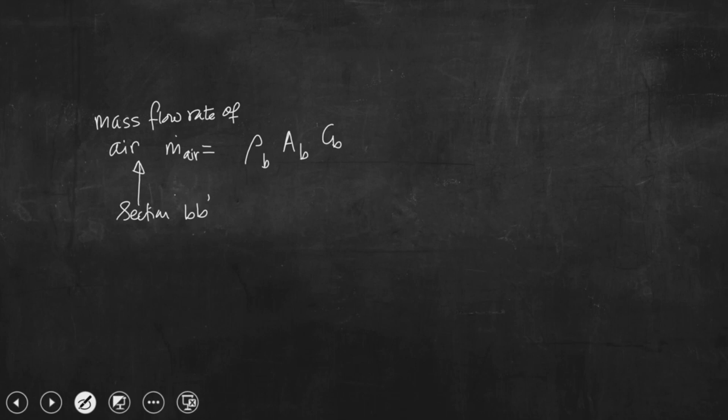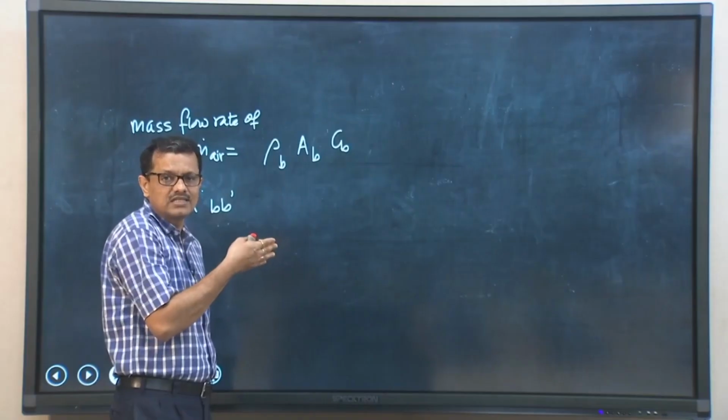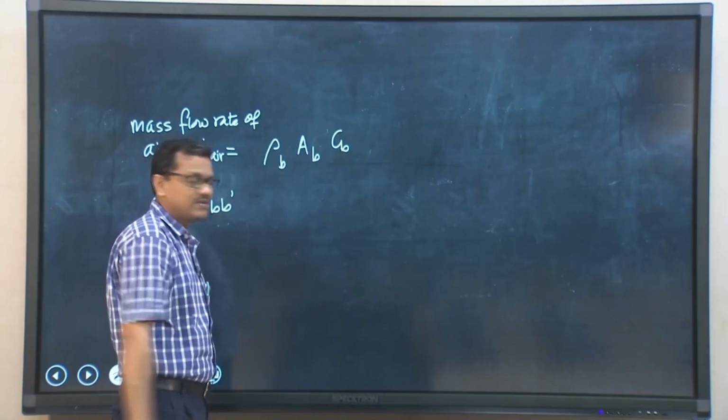AB we know, because that is what we are designing in the Venturi. Rho B we also need to know, but we can calculate pressure by using the manometer that is connected at section BB, and already we have calculated Cb.